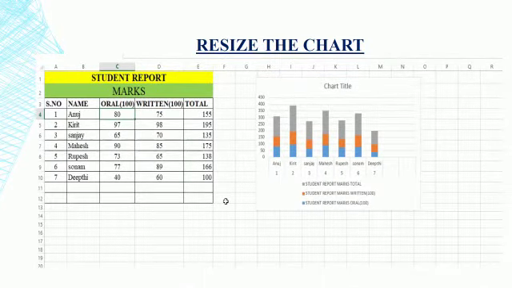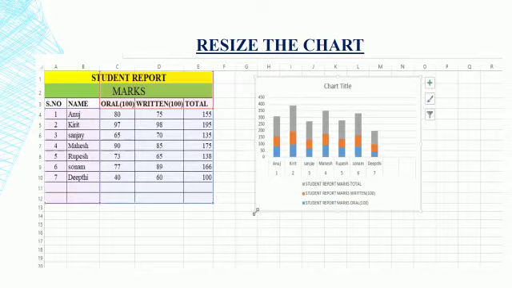To resize the chart, click on the corner border of the chart. You can observe that it changes to a double-headed arrow. You can observe the screen, children. The pointer has changed into a double-headed arrow.